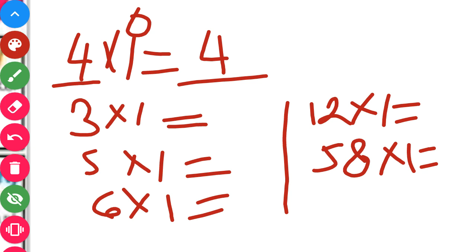So if we multiply 3 by 1, the answer we get will be 3. 3 ones are 3.